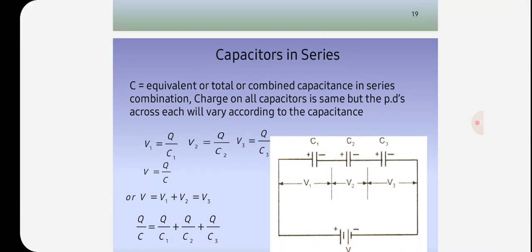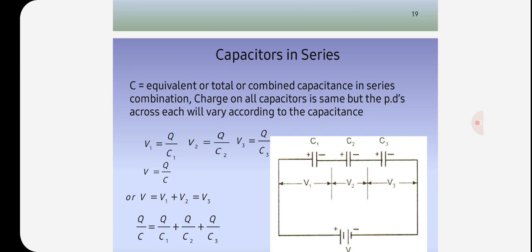In the series combination of capacitors, the total potential difference must be equal to the algebraic sum of potential differences across all capacitors. Here V is equal to V1 plus V2 plus V3, that is equal to Q by C1 plus Q by C2 plus Q by C3.